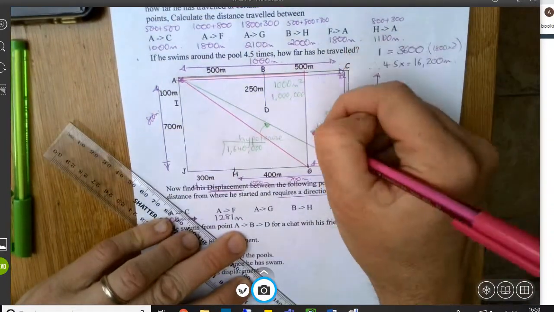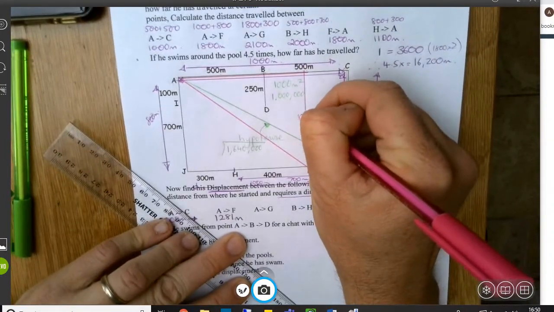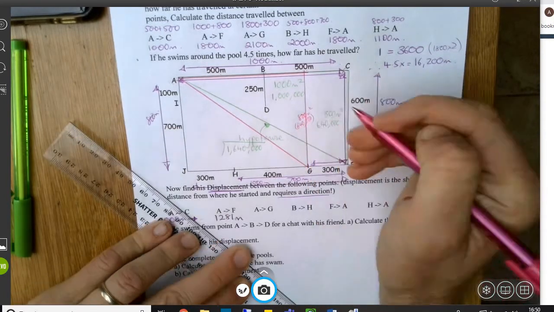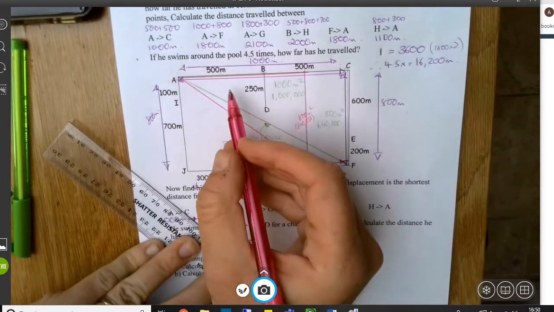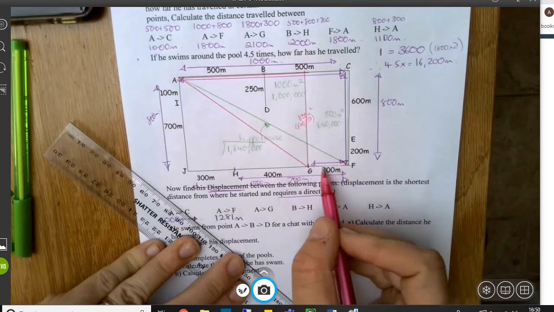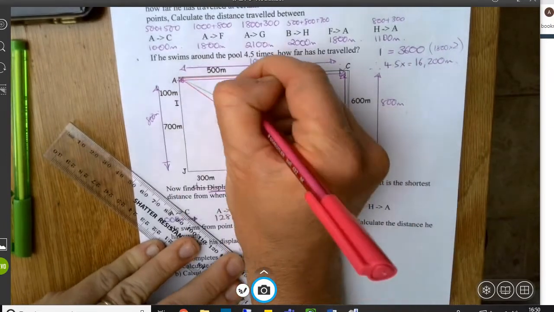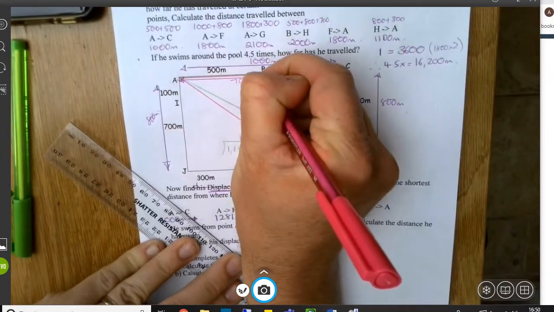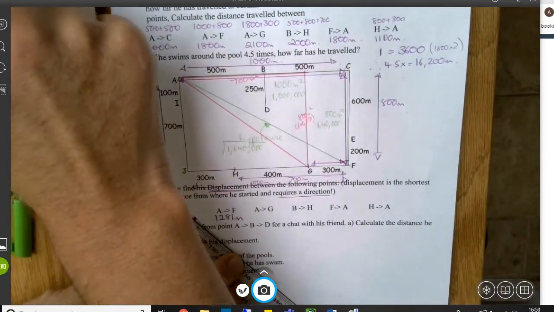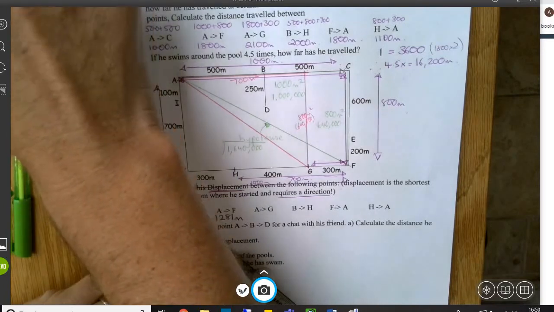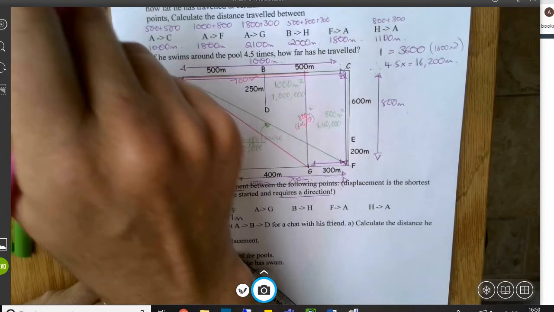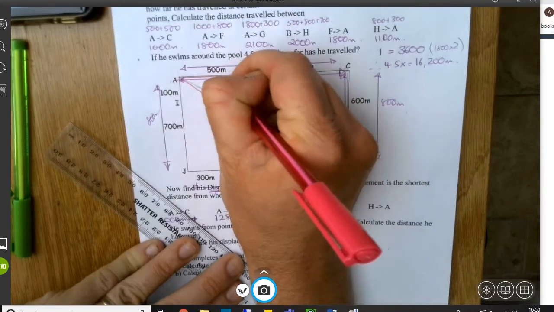Our distance here is still 800 meters squared, or 640,000 as our sum. Here it's not quite the same distance, it's 300 meters less. So this is 700 meters squared. I'm just going to do that really quickly, just so you know. Gives us 490,000.